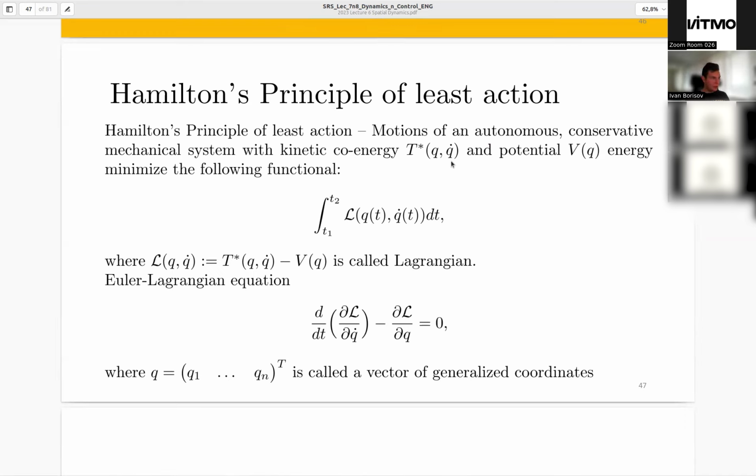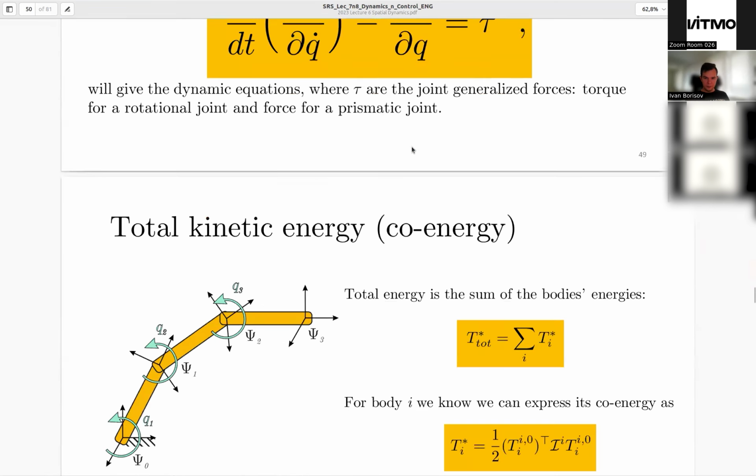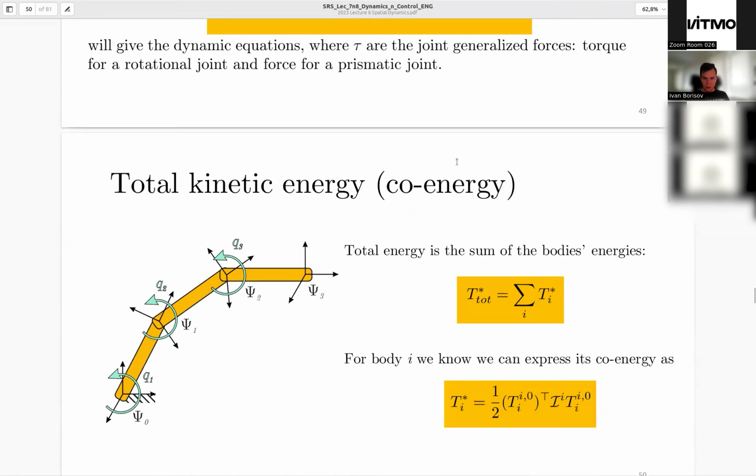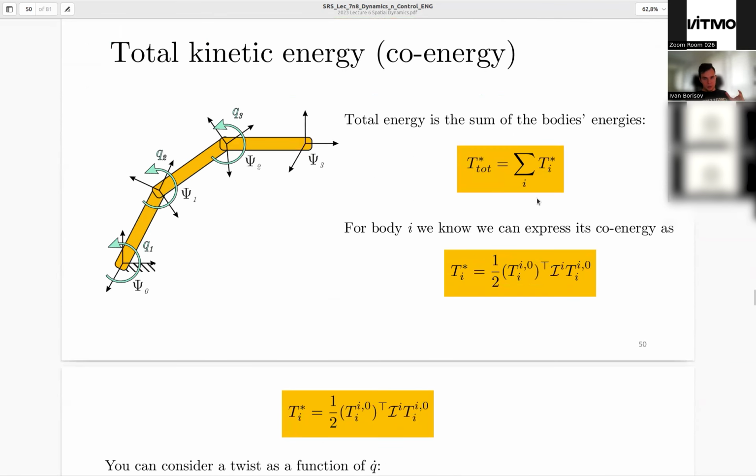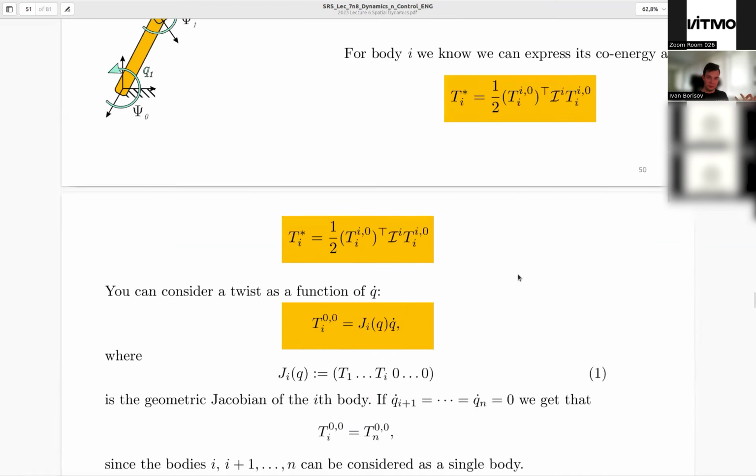We have covered it when we considered the 2R robot. Pretty much the same is true here. So we need to compute the sum of the kinetic energy of each body, and we know how to do this right now. We can compute the kinetic energy of each body, and then we need to sum it.